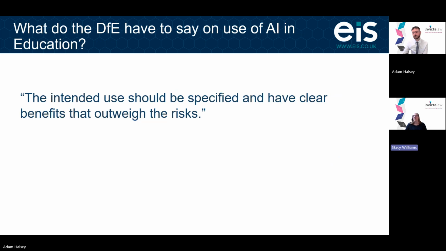So then what does the DFE have to say on the use of AI in education? Very straightforward. They say the intended use should be specified and have clear benefits that outweigh the risks. And that's what your DPIA will look at and assess.